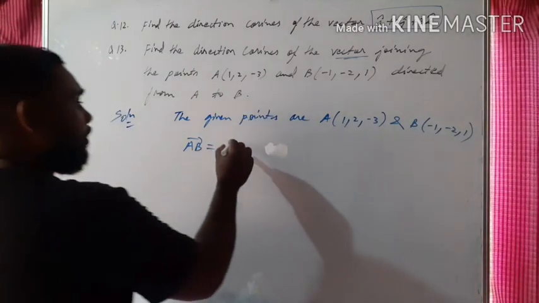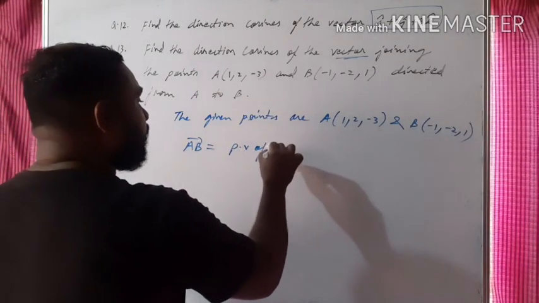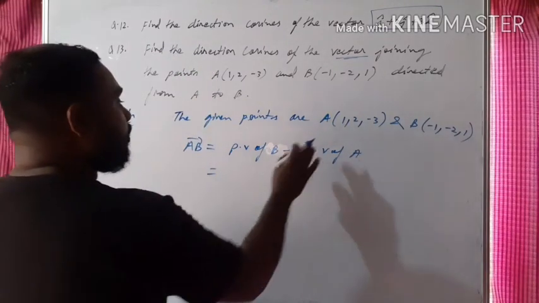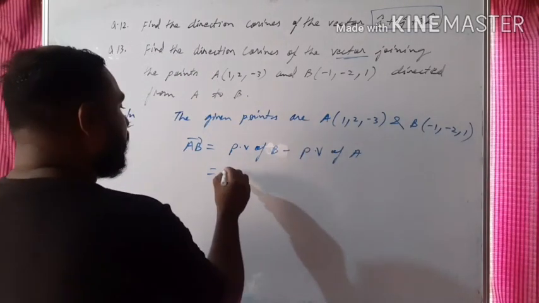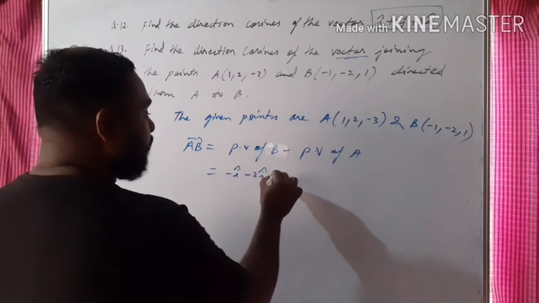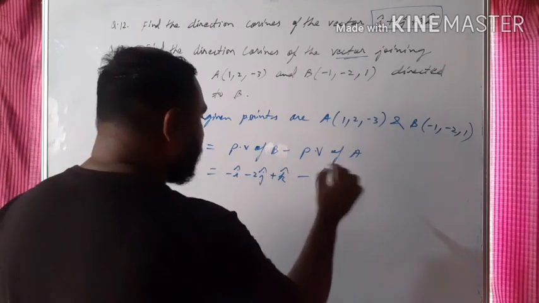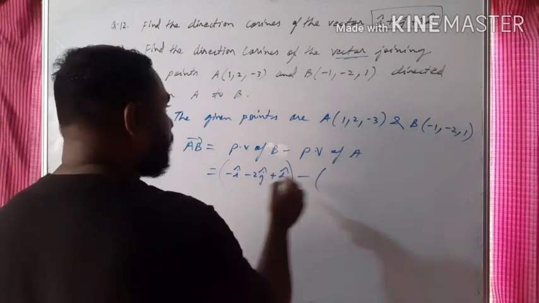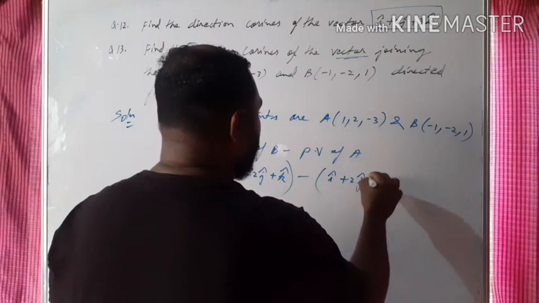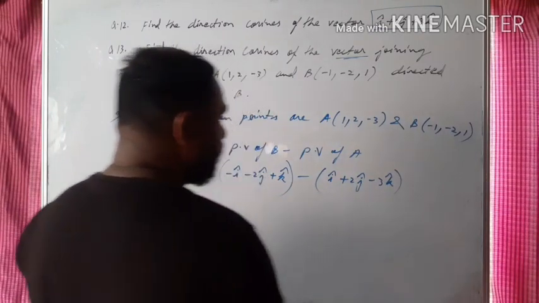So what is the AB vector? Position vector of B minus position vector of A. Position vector of B will be -i - 2j + k, isn't it? Minus the position vector of A, which is i + 2j - 3k.